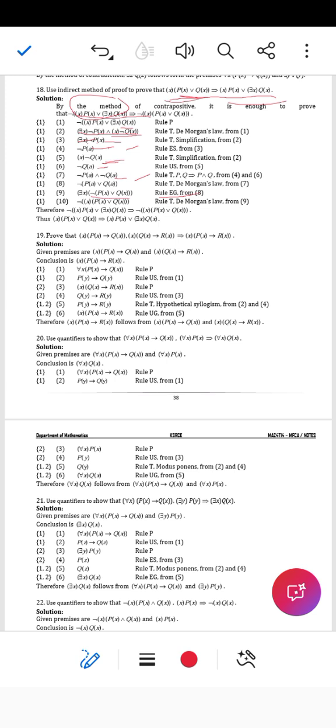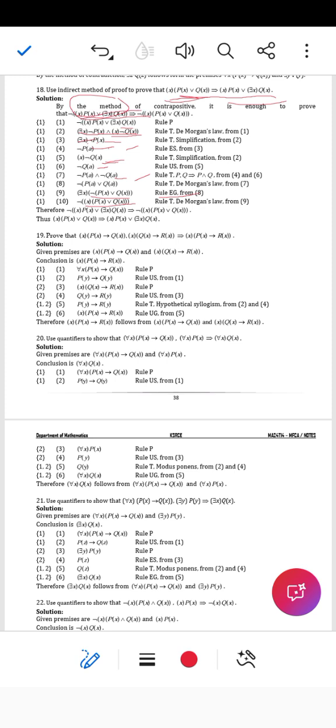Now introduce existential generalization, because the final result contains a quantifier inside the brackets, the quantifier for all x, after using De Morgan's law. So now introduce existential generalization in the eighth step: there exists x, negation of P of x or Q of x.